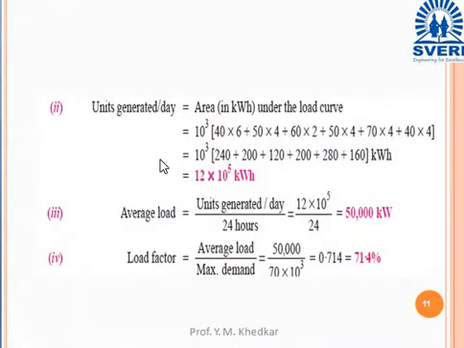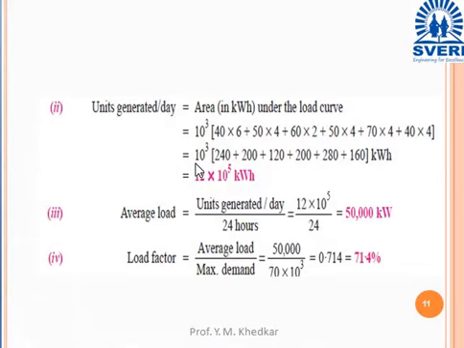Now they have asked us to calculate the units generated per day. Units generated per day can be calculated using the simple theory of the load curve. We need to calculate the area under the load curve, and here we have taken a multiplying factor of 10 raised to 3, because the load is mentioned in megawatt, and while calculating units we need to convert it into kilowatt hours.